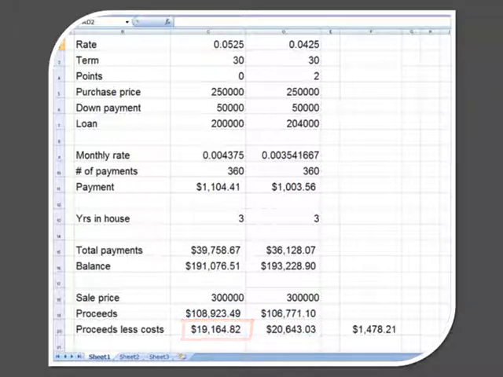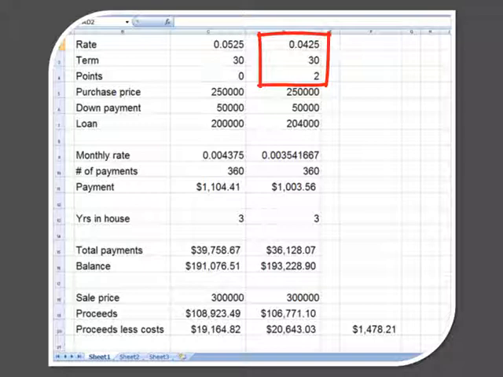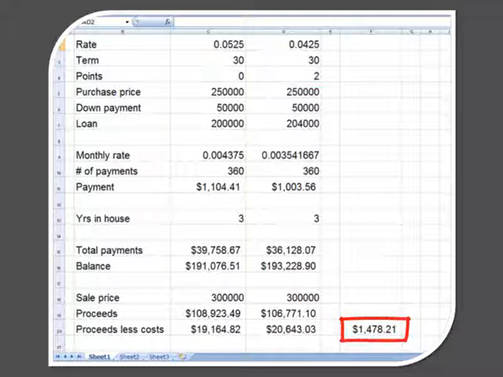So that indicates to us that the option that's the smartest option for us to take is to take the 4.25% mortgage with the 2 points and pay the 2 points. And we do better, we look in cell F20, by almost $1,500. We're now ready to say the smartest thing that we can do is to take the 4.25% with 2 points, and that would be then the mortgage that we would choose.